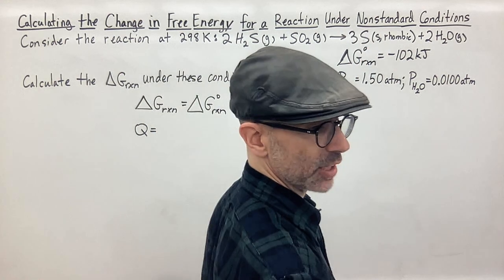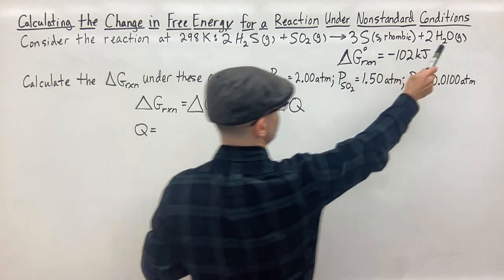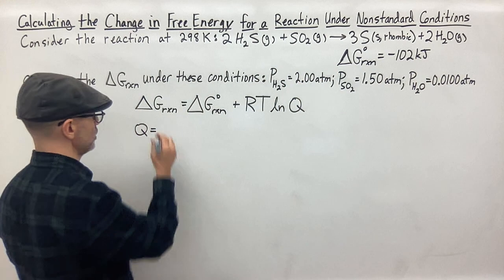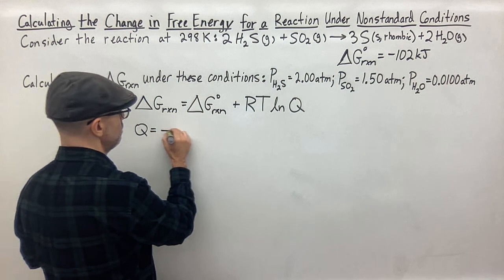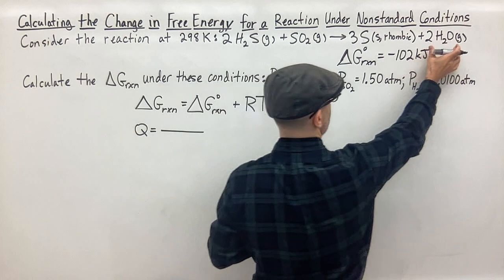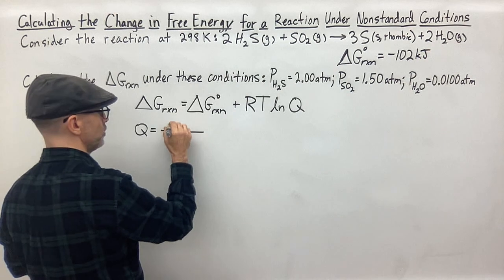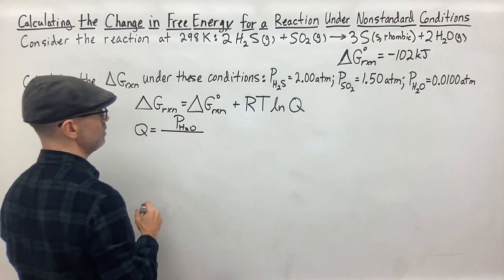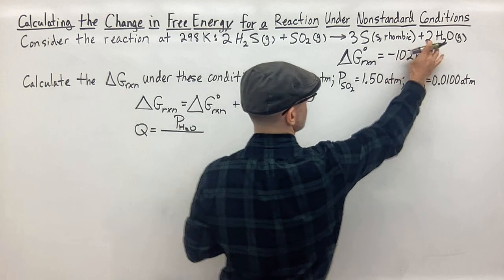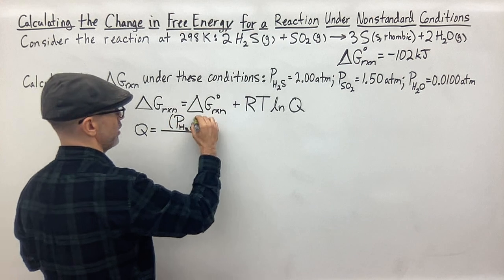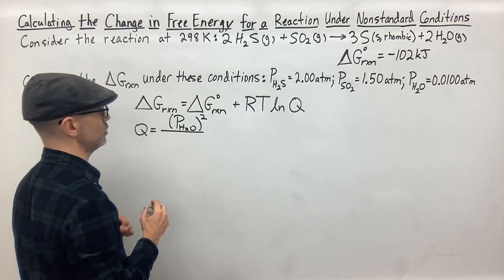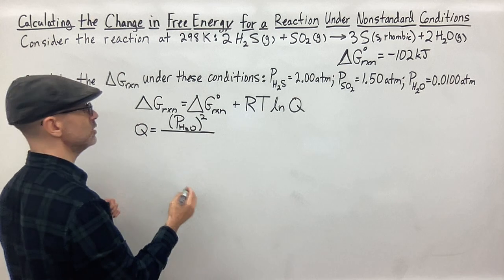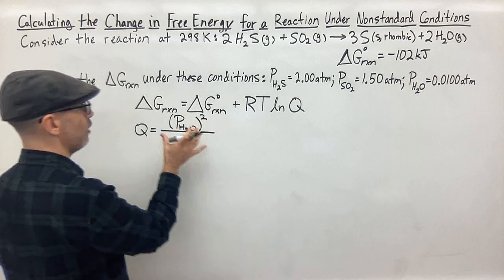Let me just double check that we have, yes, this is a gas, gas, gas, so that's all going to be in our expression. So water is a product, so we're going to put the partial pressure of water. And notice that water has a 2 coefficient, so we're going to raise that to the power of 2, because according to the law of mass action, that's what we do. And now we got our products.